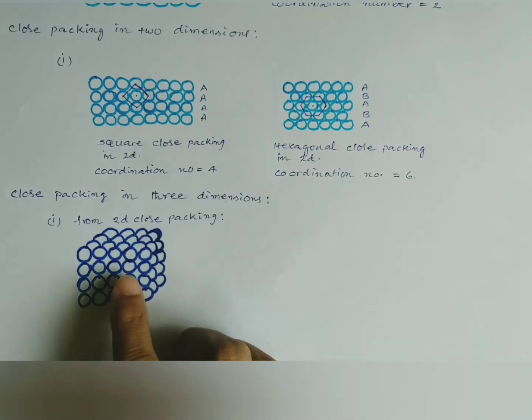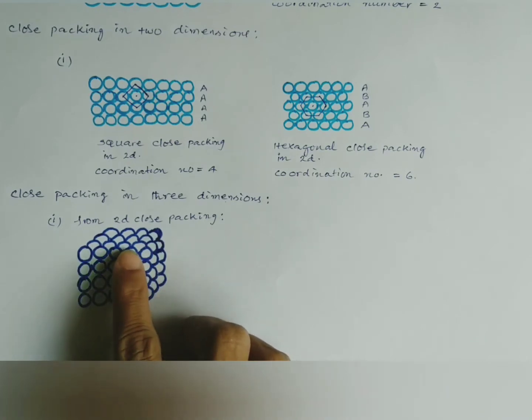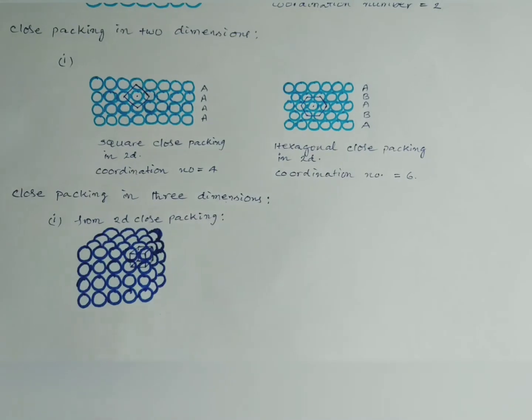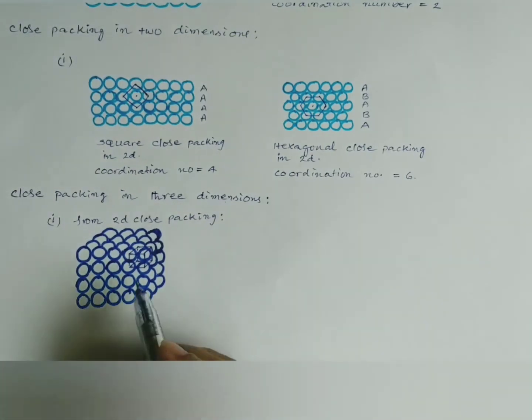So if you join the nuclei of the atoms with an imaginary line, you will get the shape of a cube, a simple cube like this. So this is how it looks like. It is looking like a simple cube if you join the nuclei of the atoms which are adjacent here.